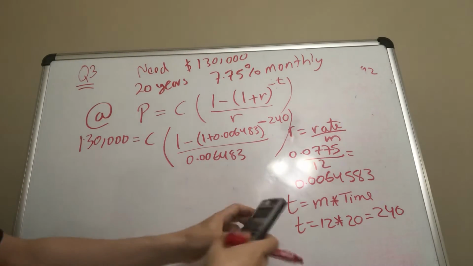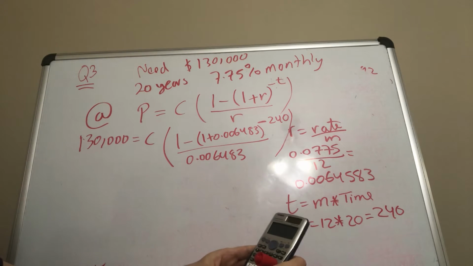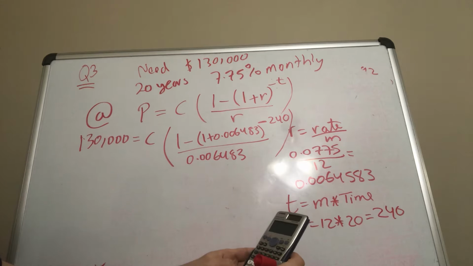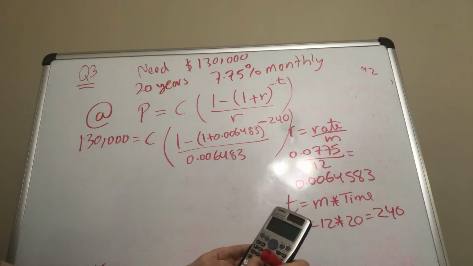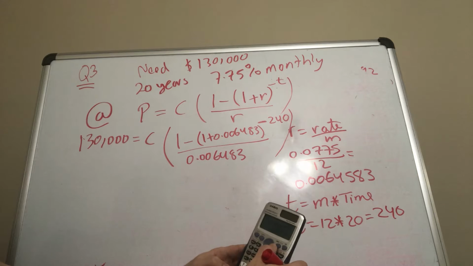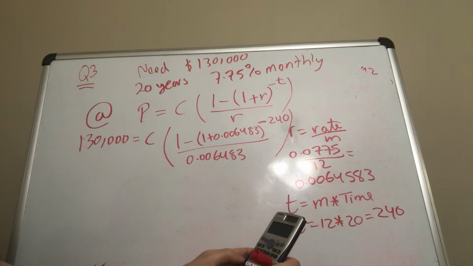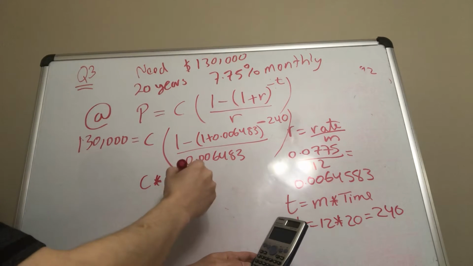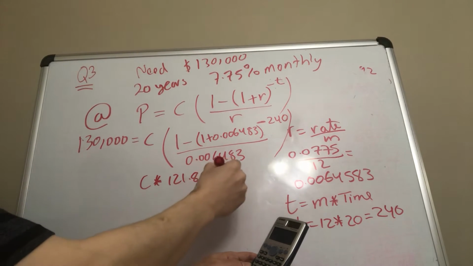So we figure out what this number is first. So 1 minus 1 plus this number, exponent negative 240. And this number is 0.7810311.